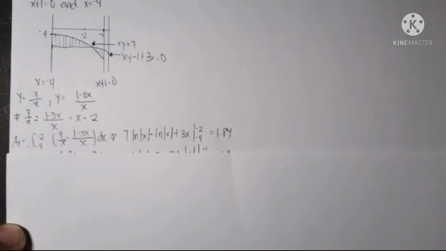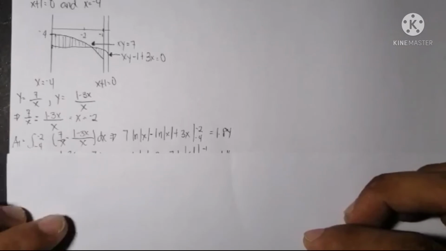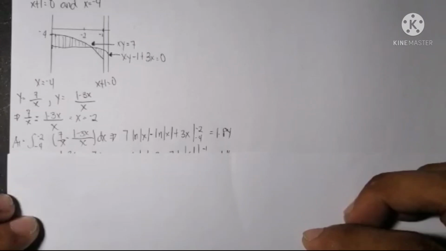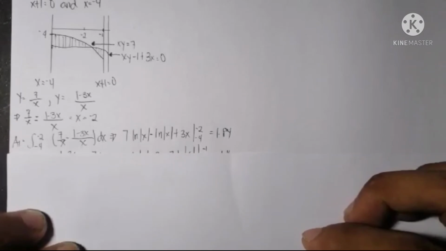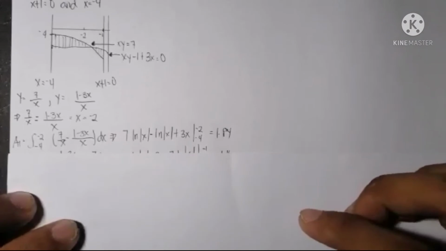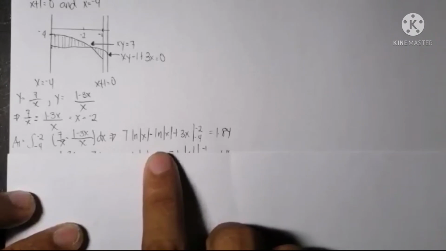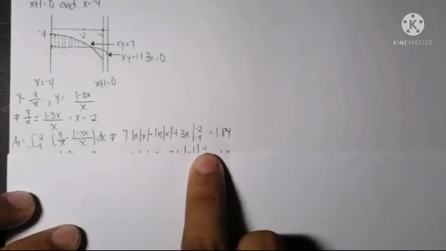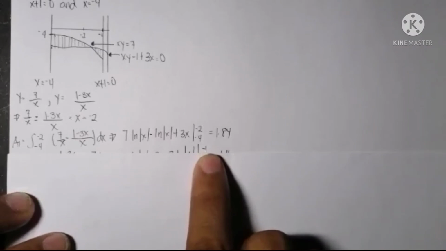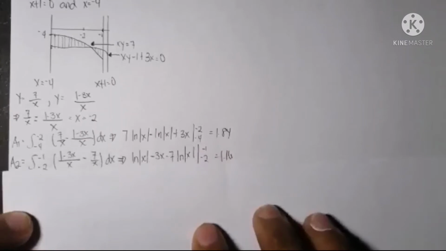A sub 1 is equal to the integral of 7 over x minus (1 minus 3x) all over x dx, from negative 4 to negative 2. So 7 ln x minus ln x plus 3 from negative 4 to negative 2 is equal to 1.84.